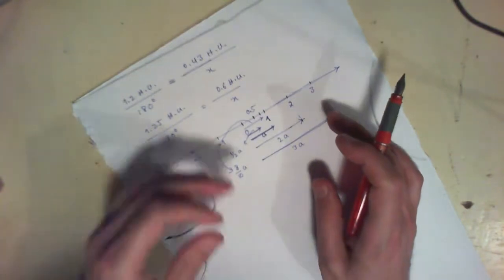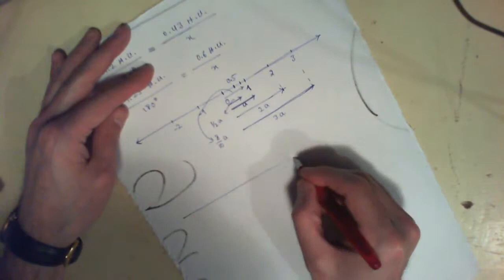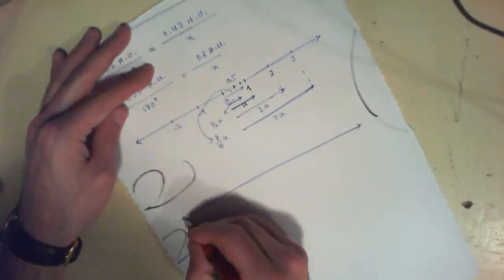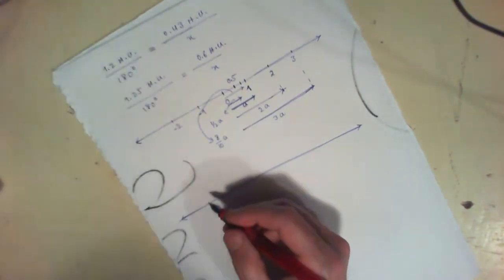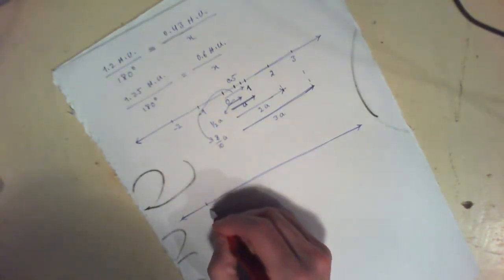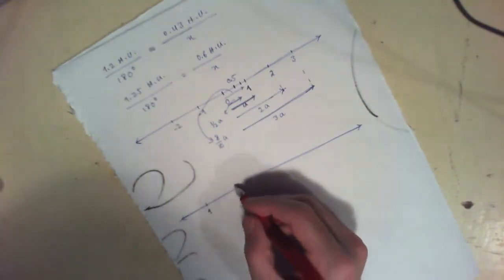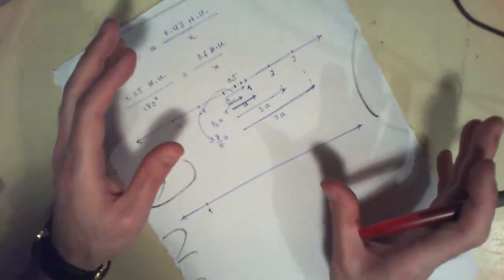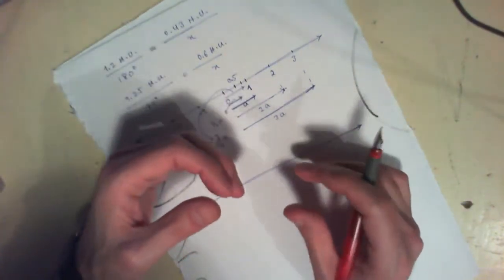Now on a logarithmic scale, it's a little different. Say you have this number line over here, and on this number line you do not start at 0. For example, you start with a 1, and this is a convention that you set based on the situation you're in and on how your data is scattered around.